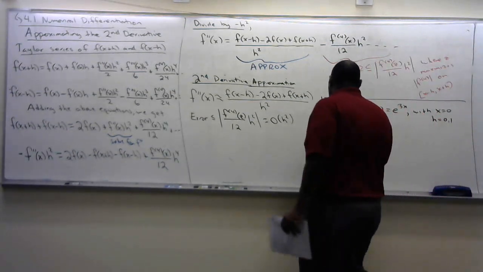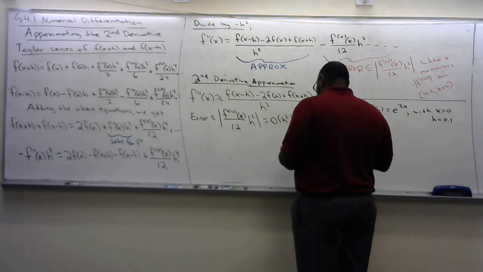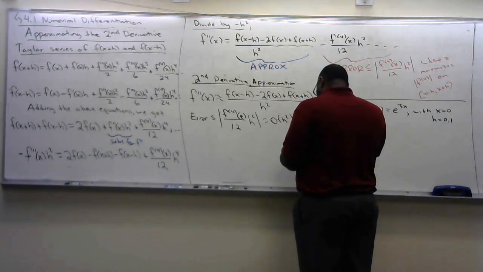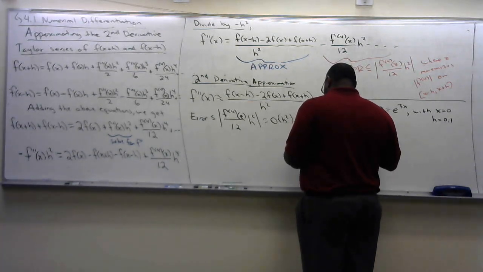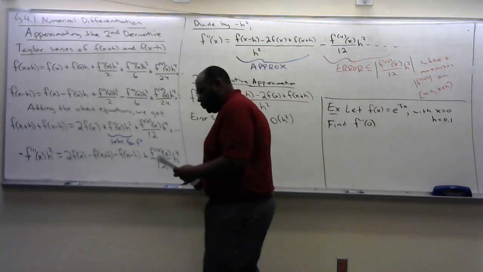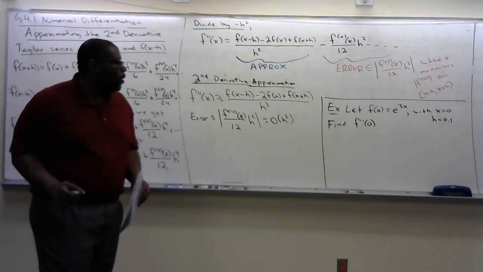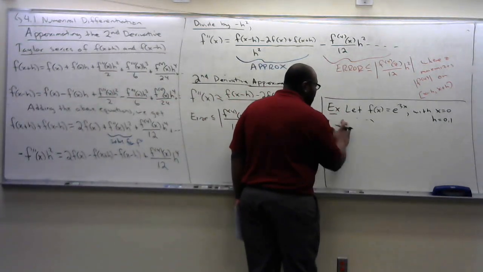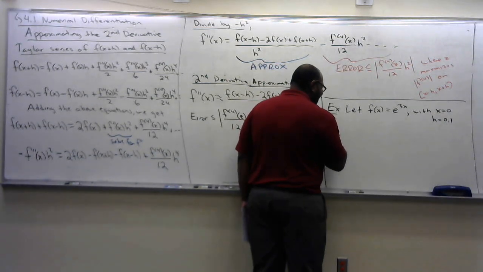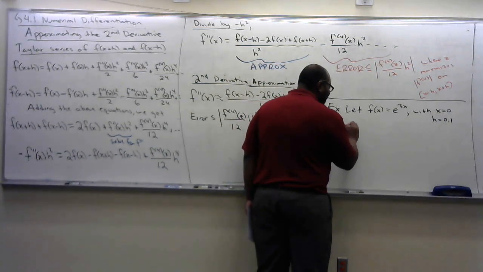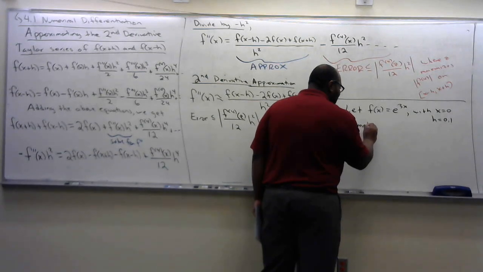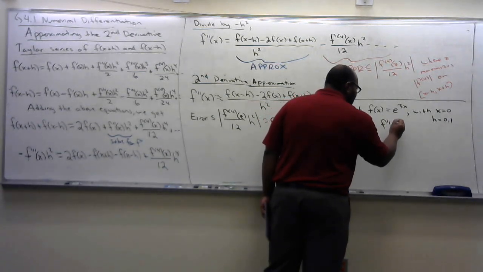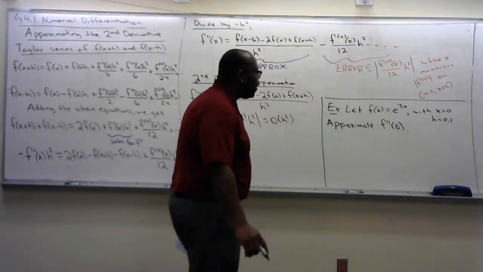Find f double prime x. I should say not find f double prime 0. That's easy. Approximate. Approximate f double prime of x at 0.